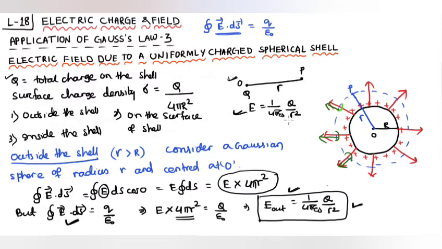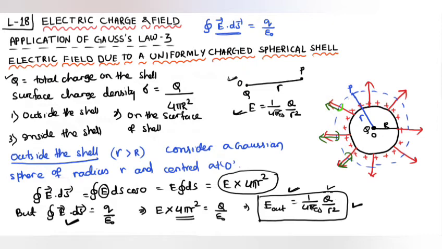So if we compare these two equations, then we can say that whenever we are finding the electric field intensity due to a uniformly charged spherical shell at an outside point, the electric field is similar to the case where the entire charge capital Q is concentrated at the center. Means if I place the total charge Q at point O, then the electric field at point P will have the same value.